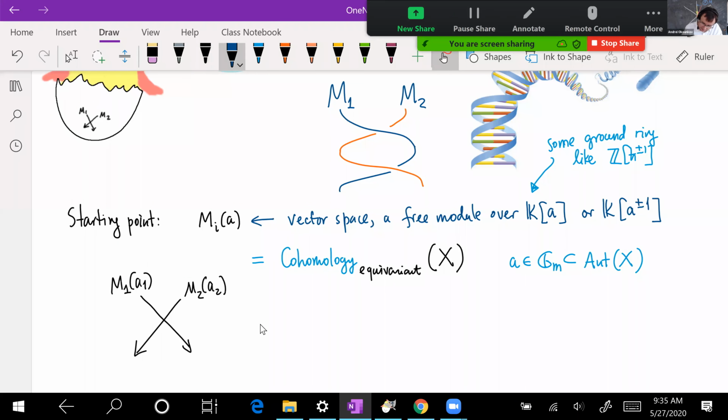And so from this, we would like to make all these spaces to be modules over some quantum group. And the way to do it is the following, which I already kind of explained last time.